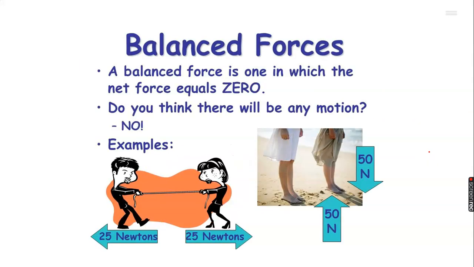So this is a typical example of balanced forces. A balanced force is one in which the net force equals 0. If you look here now, this is the force acting on this one, which is 50 Newton. The force acting on this second one too is 50 Newton. But this one is pointing down while this one is going up. They must be in opposite directions for them to cancel out.